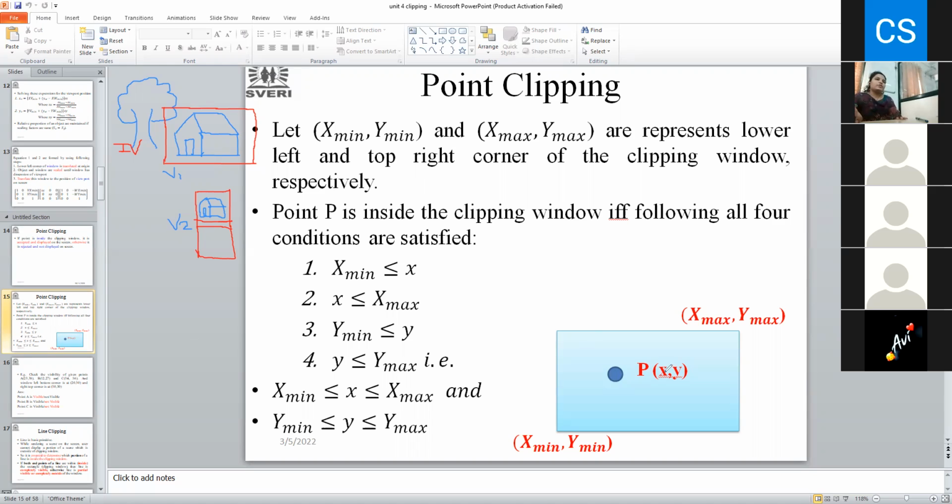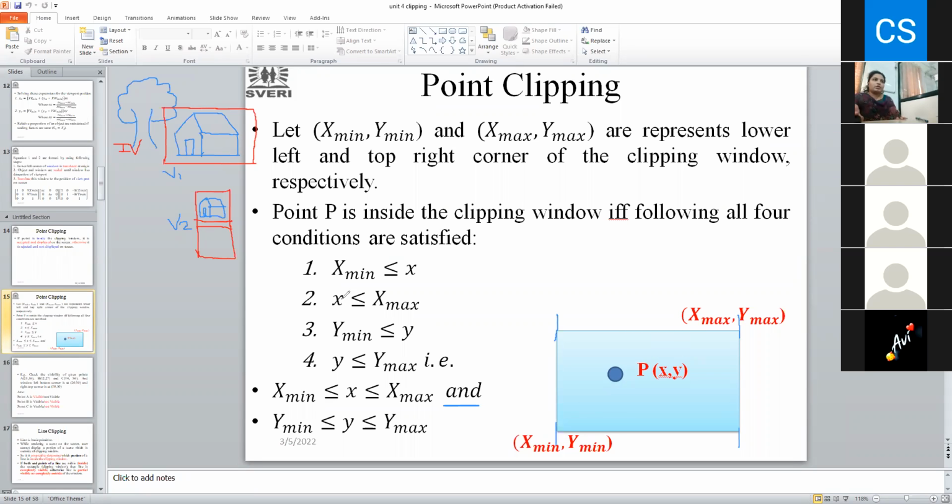And if any one of this condition is failing, AND operation is required, that means both conditions should be satisfied, then only it is inside. If only one condition is satisfied, for example, x value is in between x min and x max. So this is your x min value, this is your x max value, maximum x.